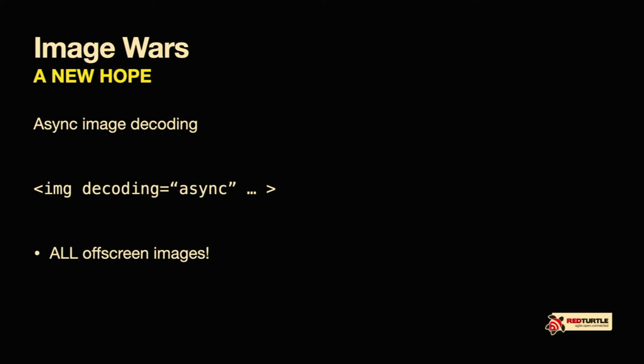And what are the options for decoding? So the default here is automatic, and that means that the browser chooses, and so we don't really know what happens. If we want to decide how it happens, automatic is usually sync, but then the browsers decide. So you can specify sync or async when needed.